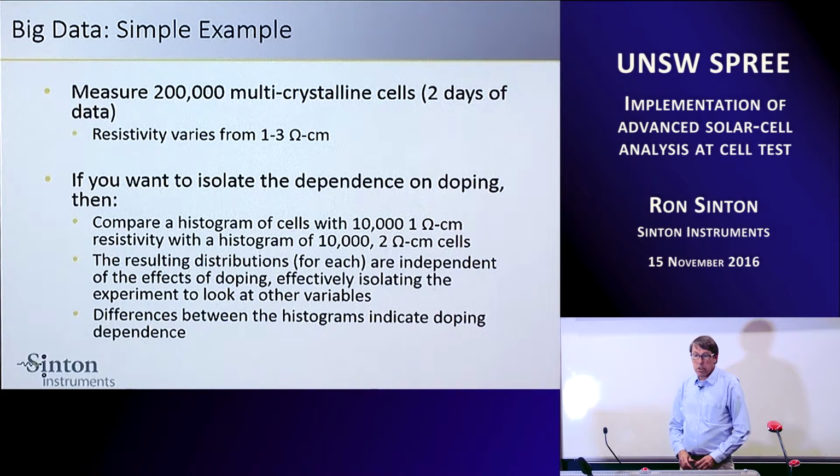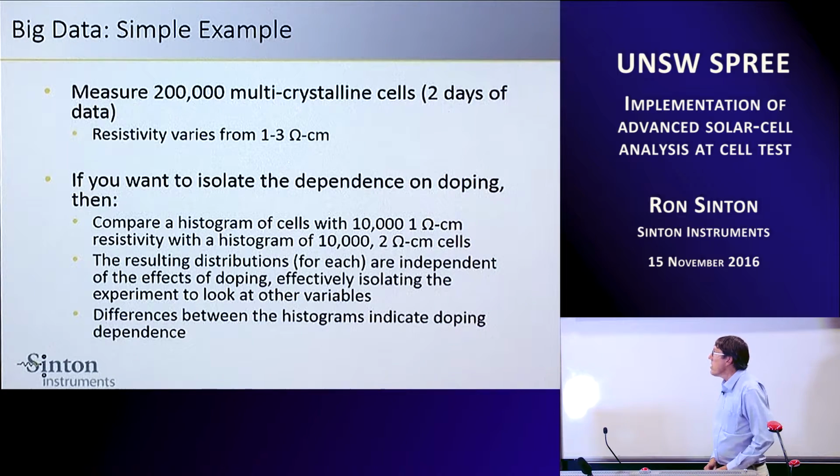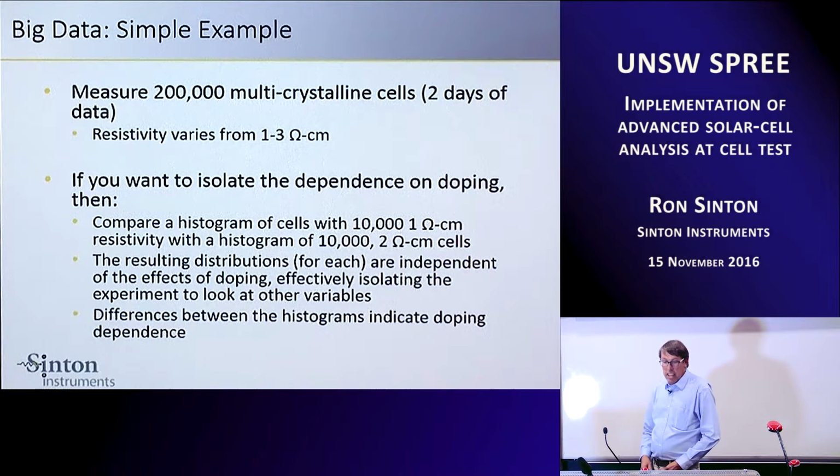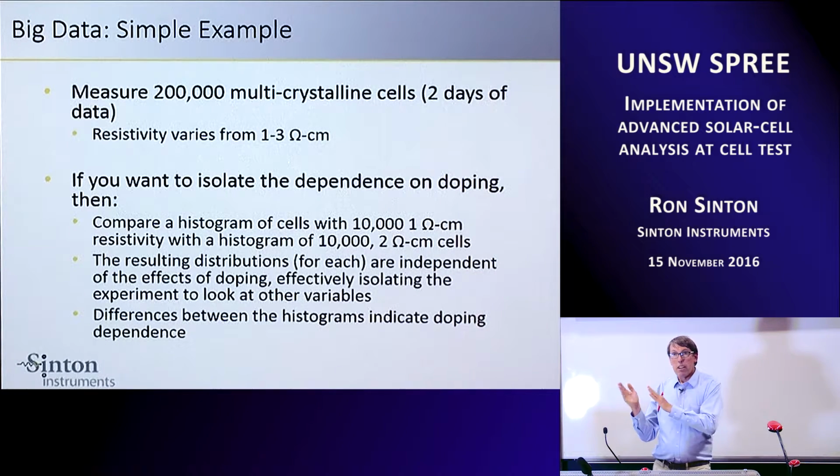Suppose that you measured 200,000 multicrystalline cells, which is only 2 days of data on a production line for a tester. And your resistivity varied from 1 to 3 ohm centimeters. Well, you could take the 10,000 wafers closest to 1 ohm centimeter and the 10,000 wafers closest to 2 ohm centimeters and do histograms of those. And within each histogram, it would be independent of doping.